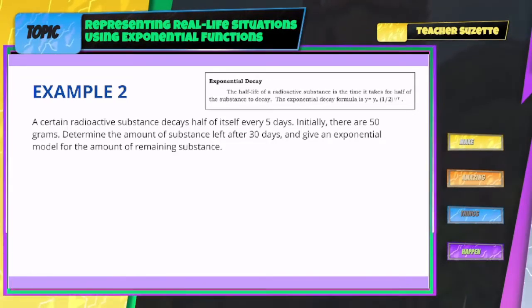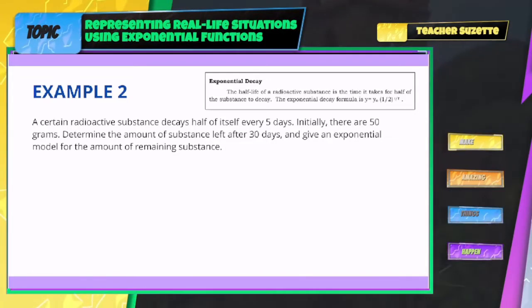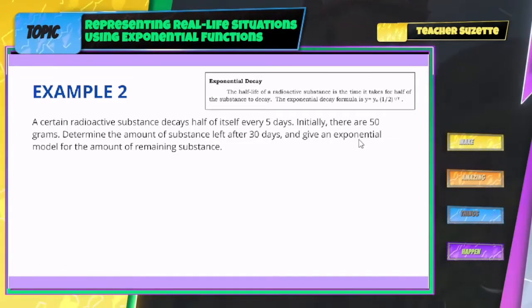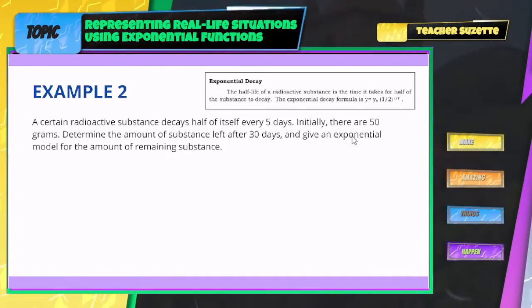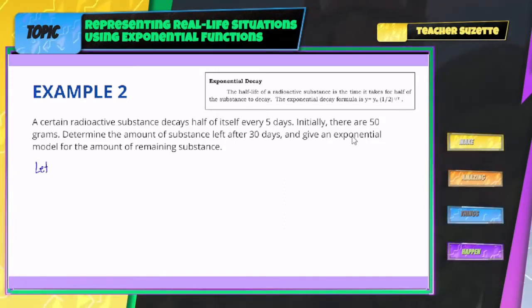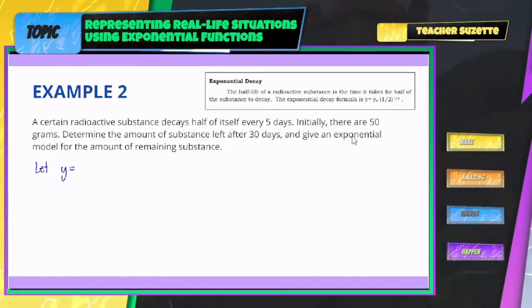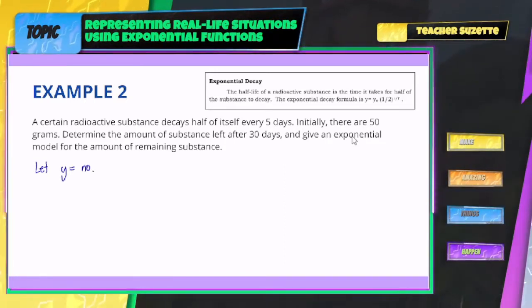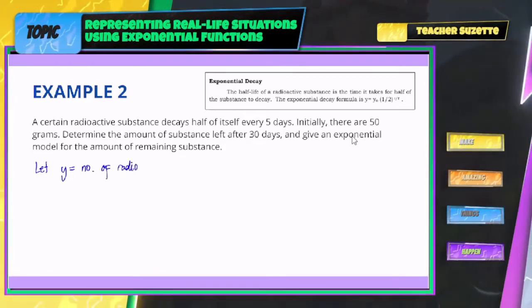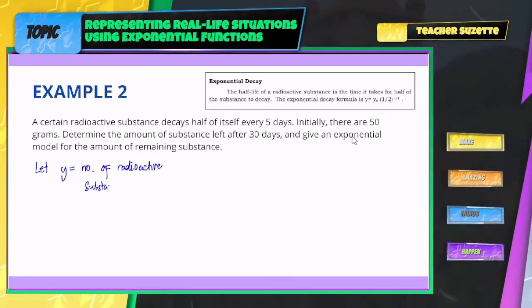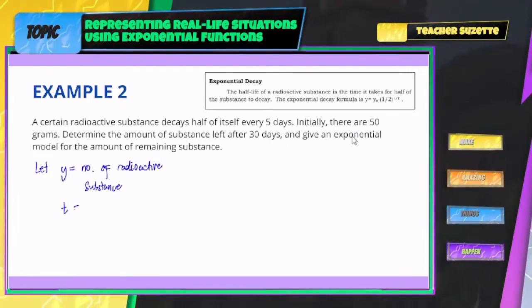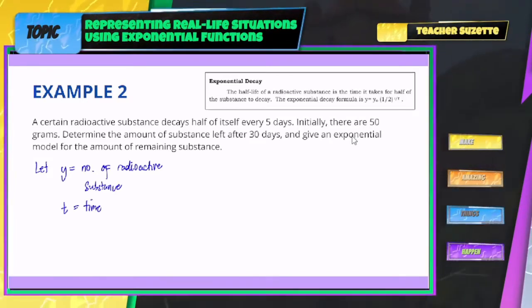First, we have to represent or write an exponential model for this problem. Let's represent our unknown variables: y is equal to the number of radioactive substance, and t is the time in days.